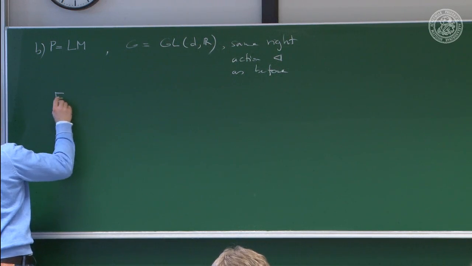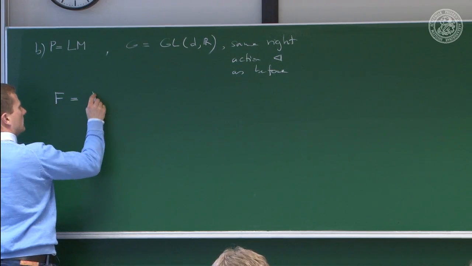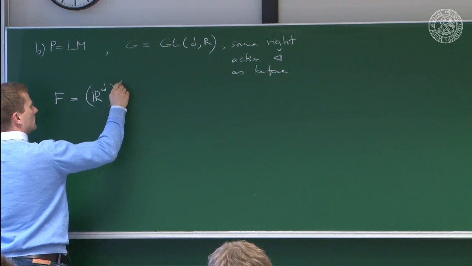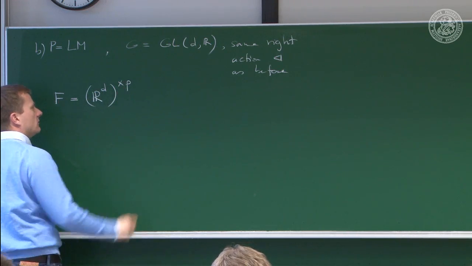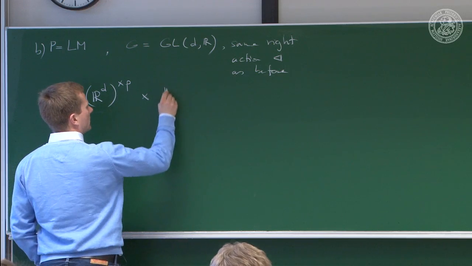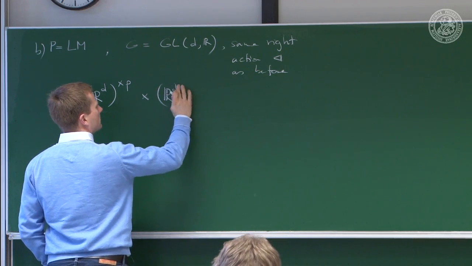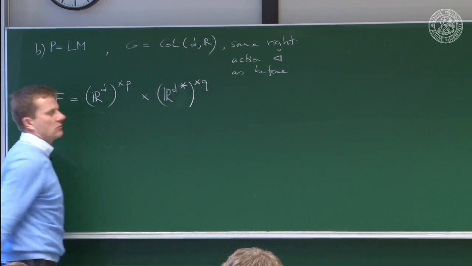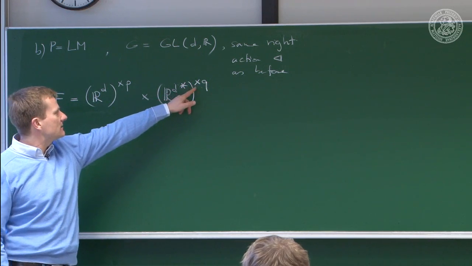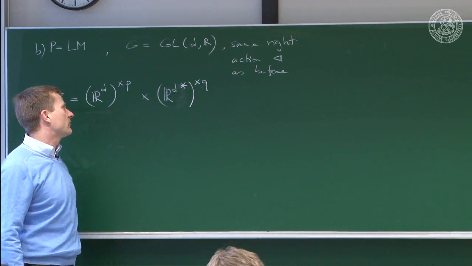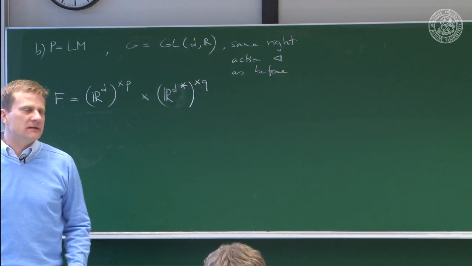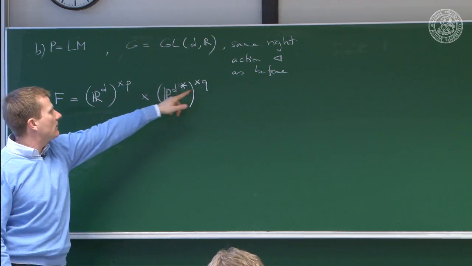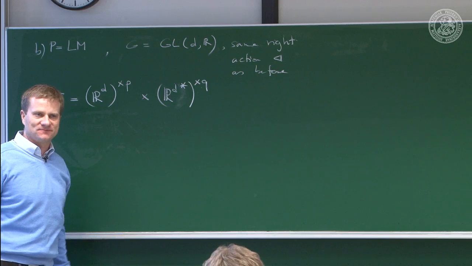And now as the fiber, however, we take P copies of RD, so P copies of those, yet another Cartesian product with Q copies of the dual. And it's really here, the star is now back there. We're of course going to write down an associated bundle to the same frame bundle, okay? But now we're writing down PQ tensors.